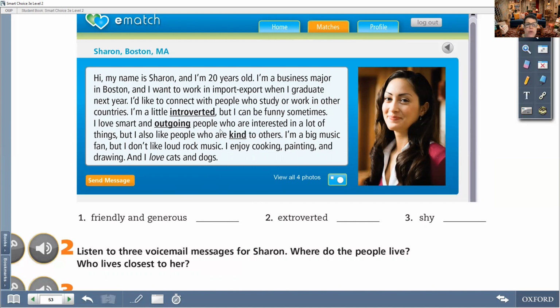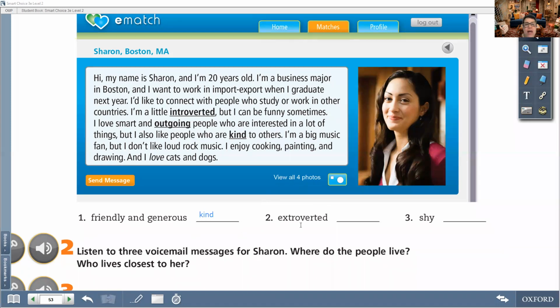Introverted, outgoing, or kind? Very good. Excellent. Kind. Okay, great. So, kind means friendly and generous.